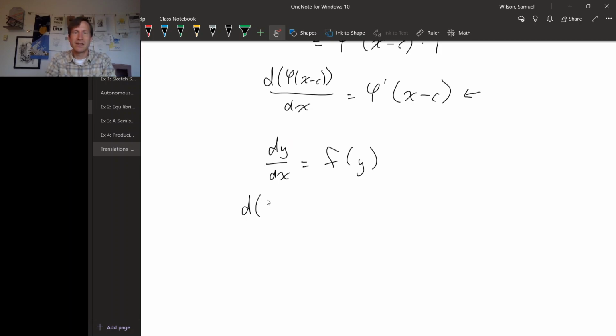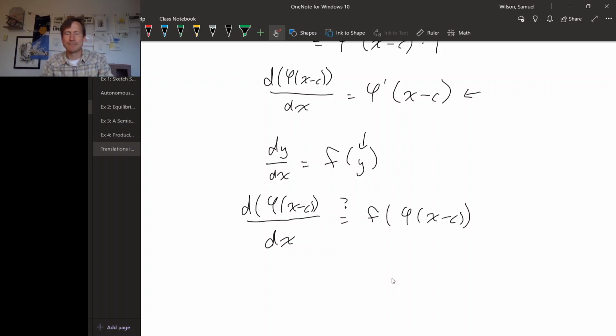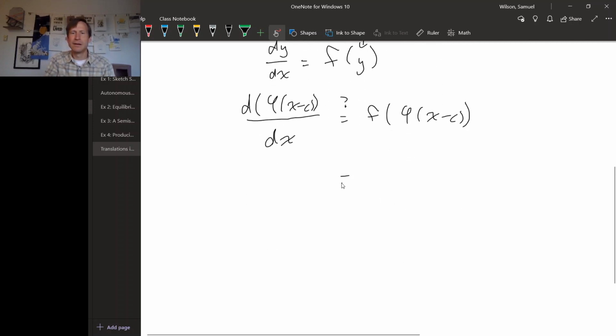So we get d phi of x minus c over dx, and we want to know, is that equal to f of the function that we're putting in here, phi of x minus c? Now on the left-hand side, this is the derivative we just calculated, phi prime of x minus c. And we want to know, is that equal to f of phi of x minus c?